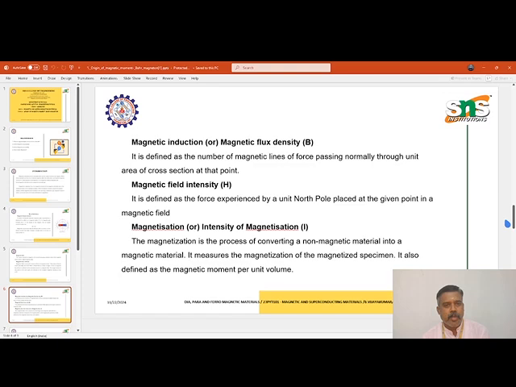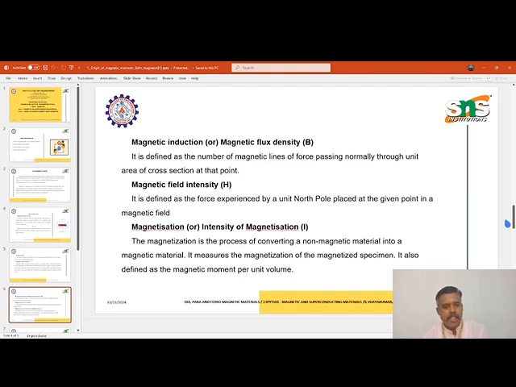The next one, the magnetic induction or magnetic flux density B, is the number of magnetic lines of force passing normally through a unit area of cross section at the point. Magnetic field intensity H is the force experienced by a unit north pole placed at the given point in a magnetic field.